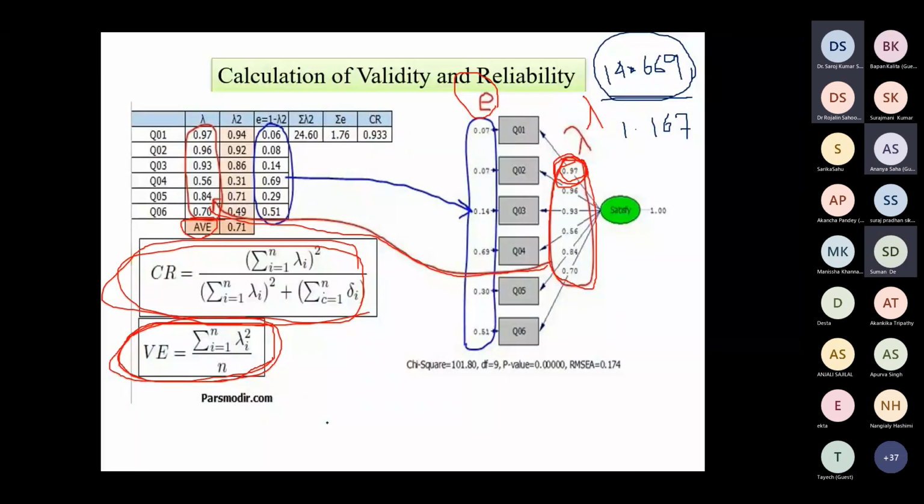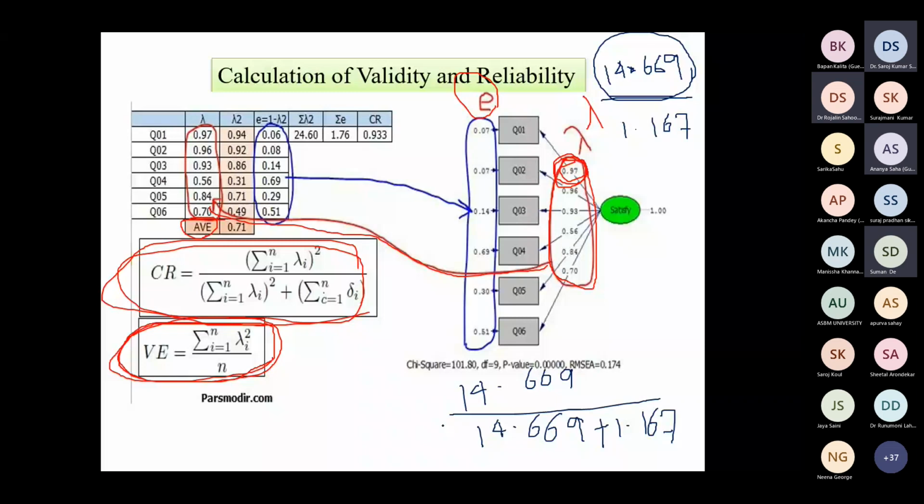Look at your formula. That means 14.669 divided by 14.669 plus 1.167. How much are you getting?